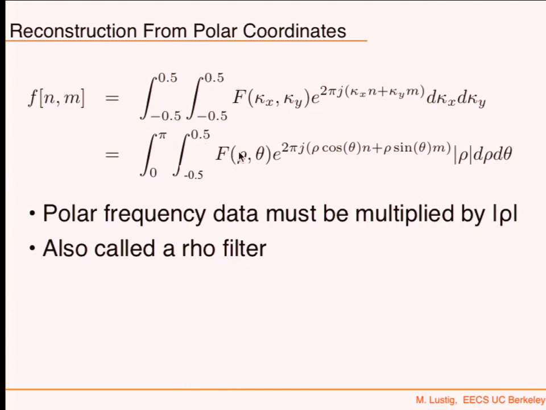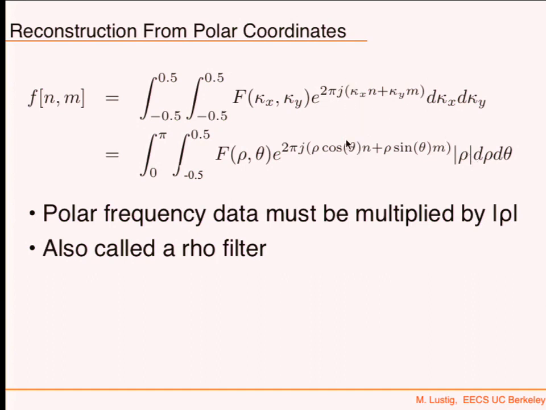But now I don't have F of kx and ky. I need to change coordinates. I have it in F of rho and theta. I don't have it in kx, ky. And so when I change coordinates, if I want to integrate over rho and theta, then I need to add this Jacobian, which is what we call the rho filter, this weighting in the frequency domain that compensates for that change of variable.